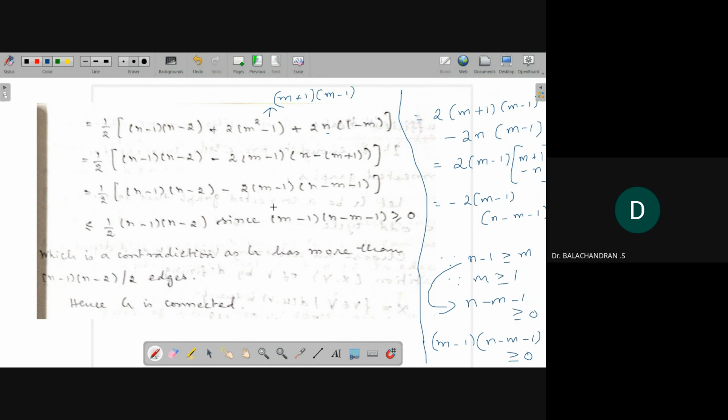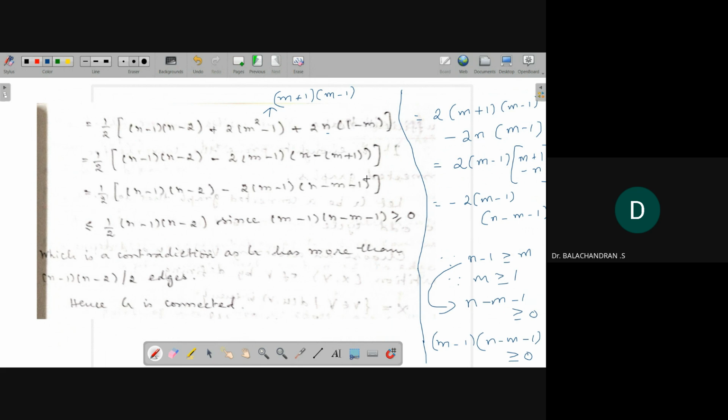So look here: 1 by 2 into n minus 1 into n minus 2, this is the first term. If I simplify this term, I am getting minus 2 into m minus 1 into n minus m minus 1.